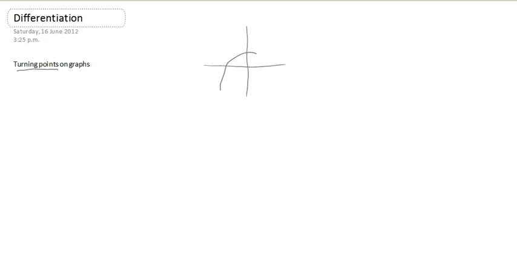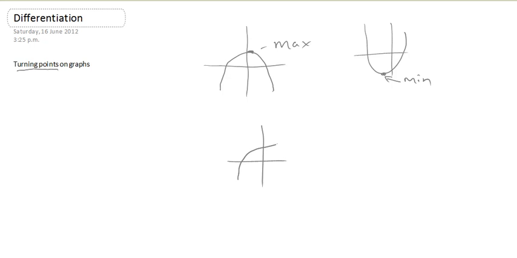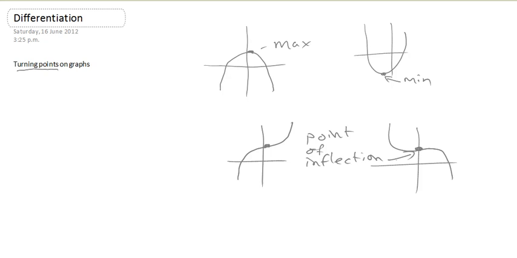So if I had a graph that went up to a maximum point, or dropped down to a minimum point, or sometimes got to a point of inflection where the graph kind of stops and then carries on going up, those are all called turning points, and at each of those the gradient is 0.